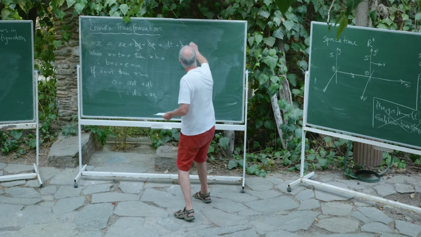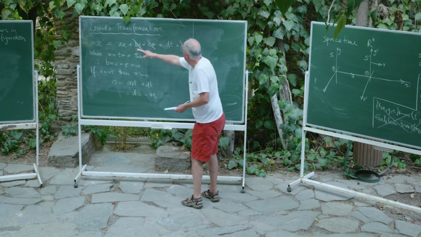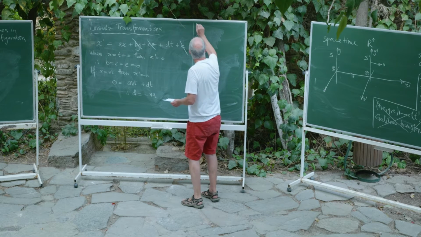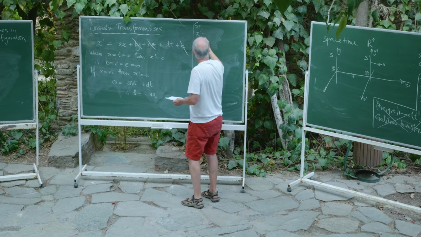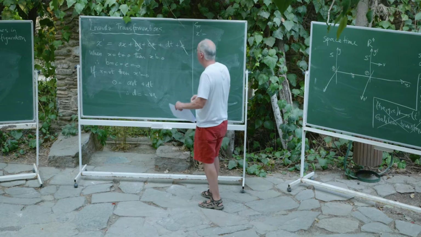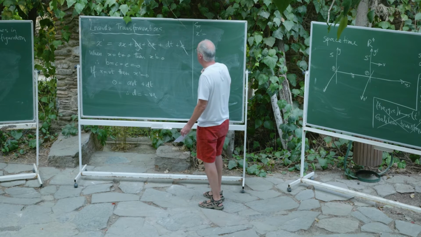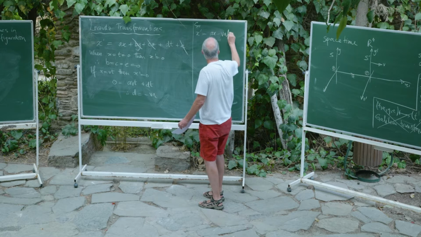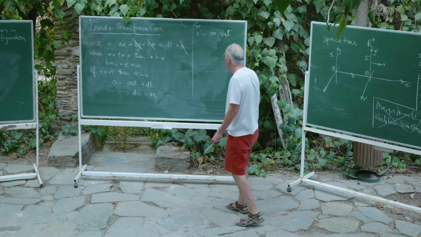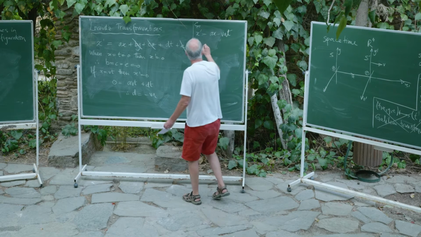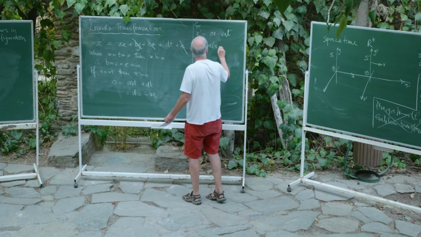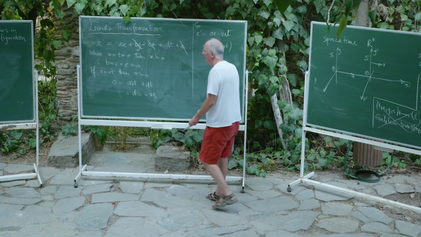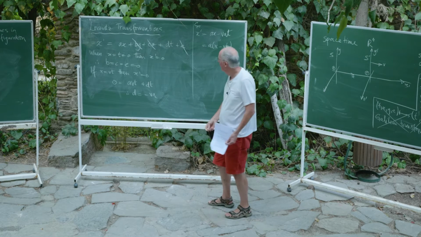So now, putting it all back into here, we know that x dashed is ax minus vat, and I write that as a(x minus vt), and then I change the letter a to a new letter.